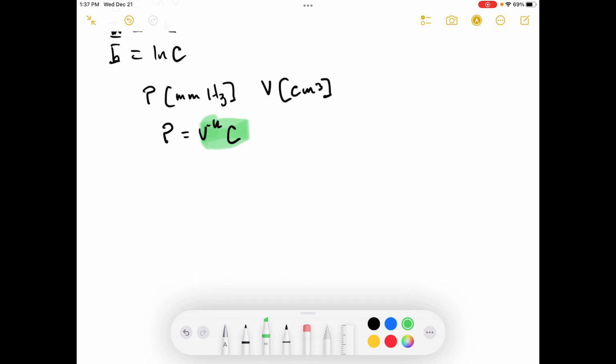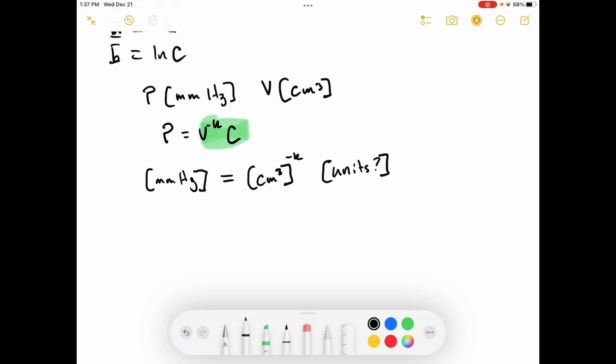Let's set it up: millimeters of mercury, and we know that volume has centimeters cubed, and it's raised to the K power. That means that K is unitless because K is an exponent in this case, and exponents cannot have units. So C, we don't know what the units are.